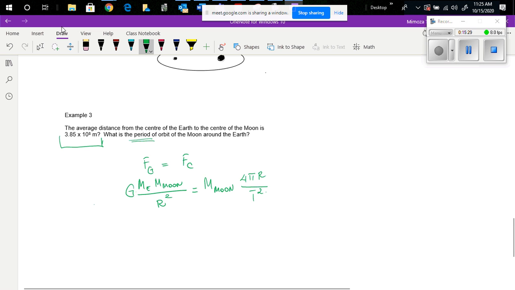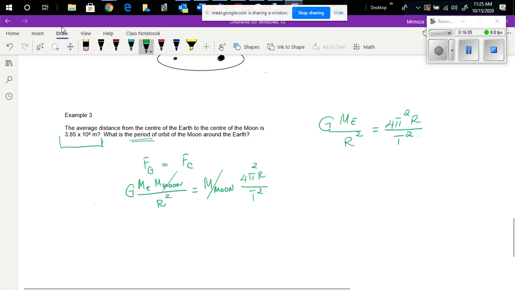Mass of the moon is canceled out. And pay attention here: those two radii do not cancel out because they are not on the same level. They are not both in the numerator nor both in the denominator. So what we have here is G, mass of the Earth over r squared, is equal to 4 pi squared r over T squared.